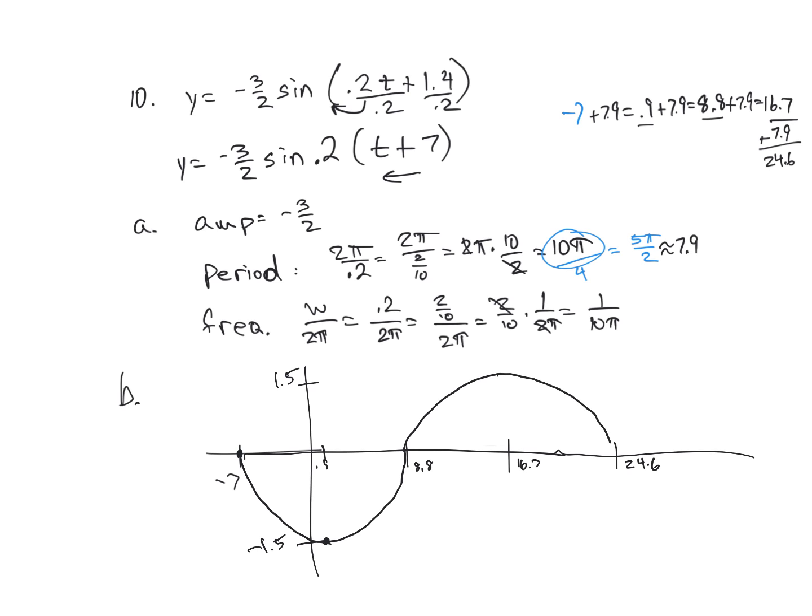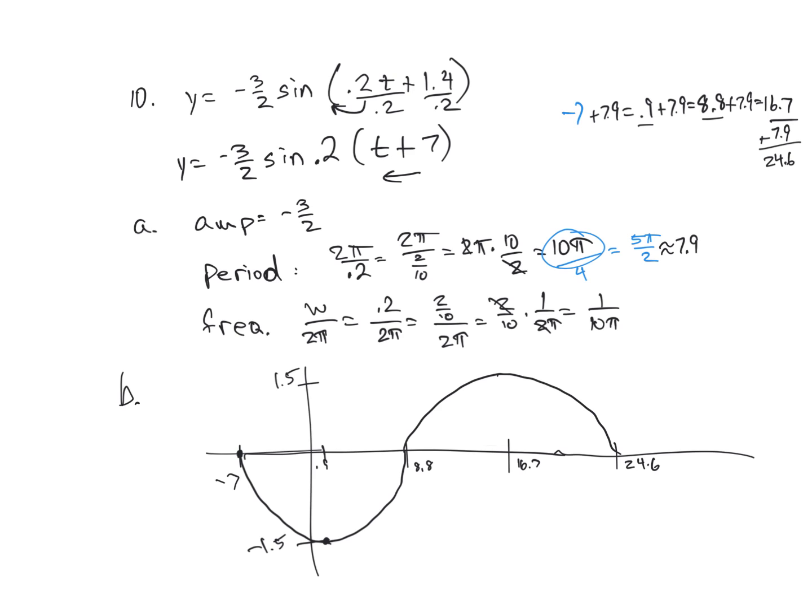So that is the number 10 answer with that displacement and the reflection. Not any different than what we've been doing so far. So let's go on to working a problem backwards.